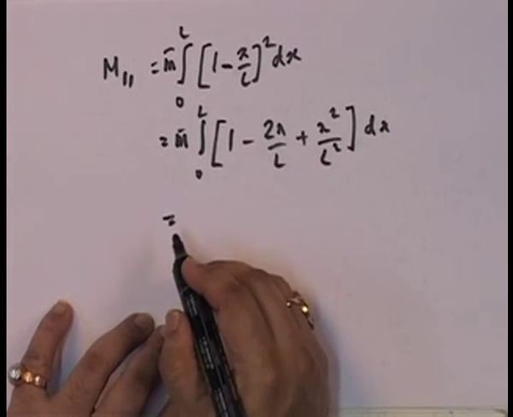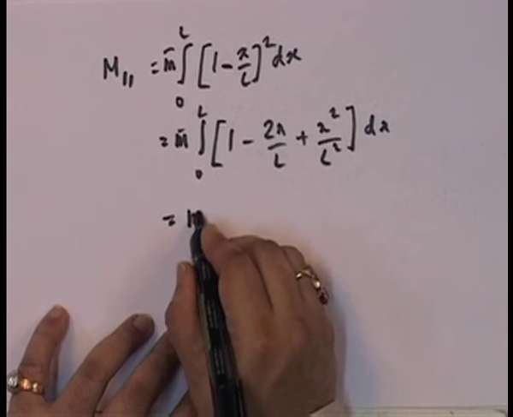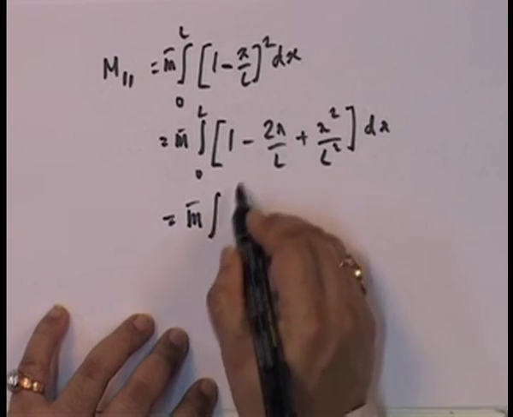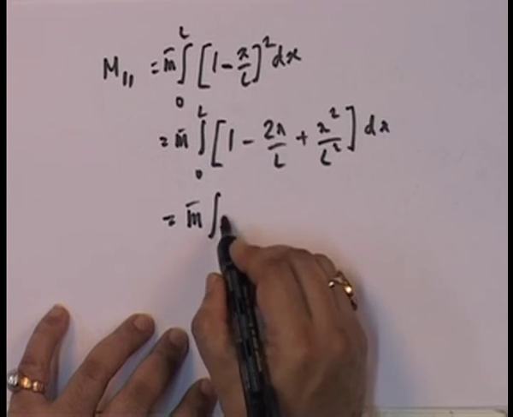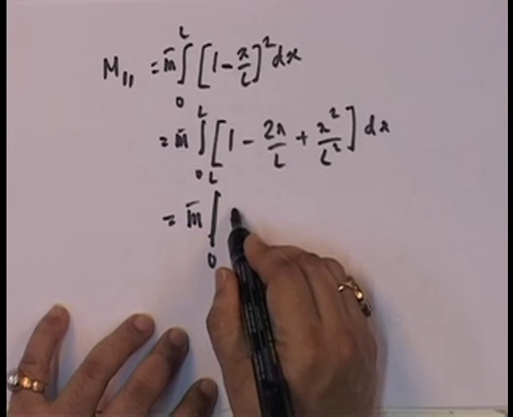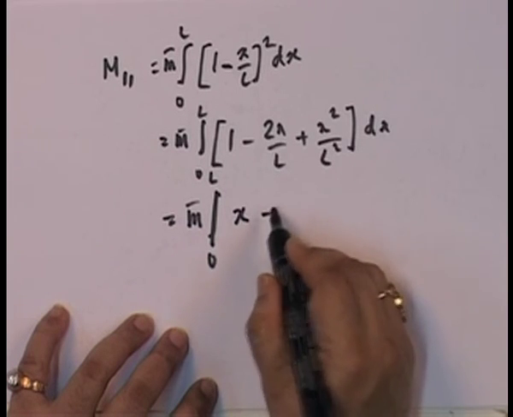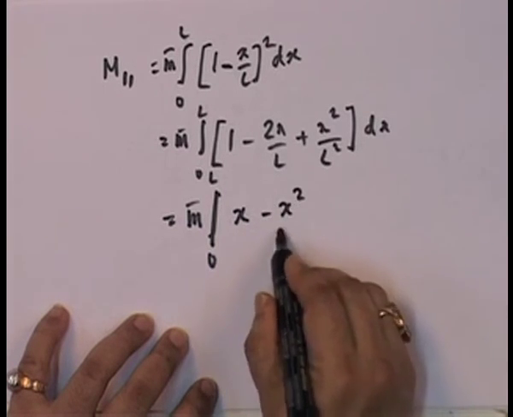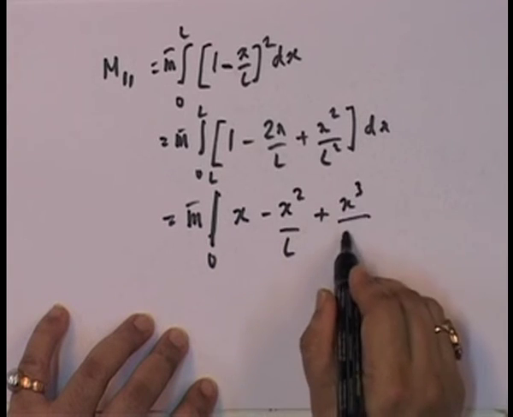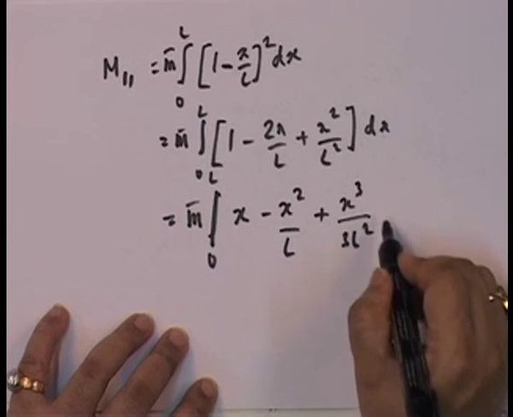So, this is going to be x, this is going to be x squared upon L, and this is going to be x cubed upon 3L squared.